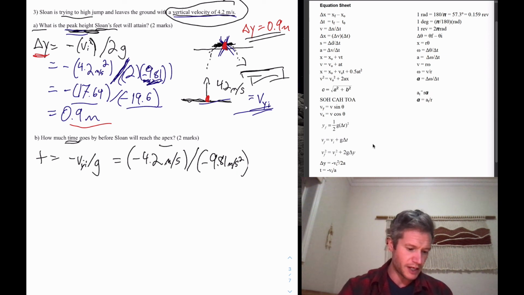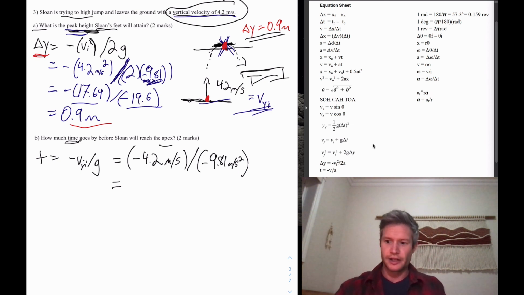So here we are. If we actually calculate these numbers, I think the one in your answer key was just a little off because it used 4.5. I'll update that as soon as I can. So we'll update that here with 4.2, negative, divided by 9.81, negative, equals. So the answer we get is going to be a little bit less, but more or less the same.